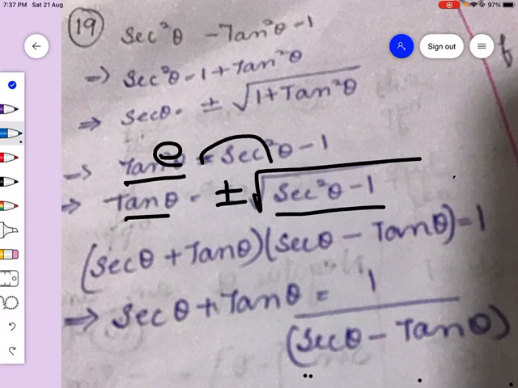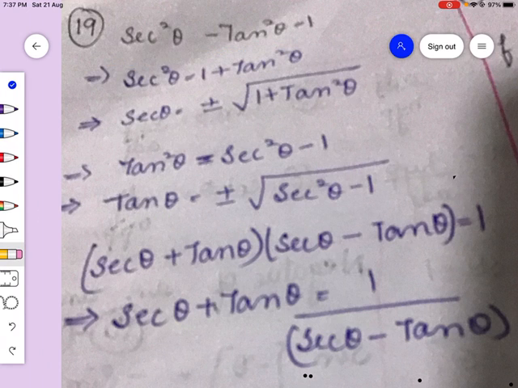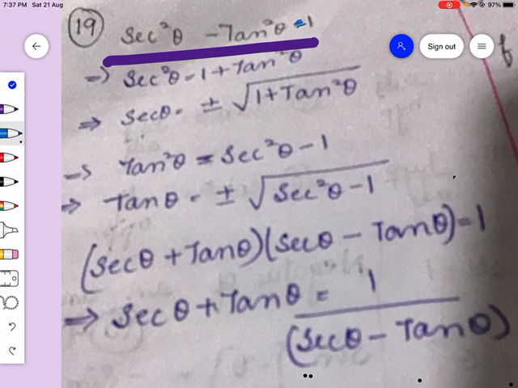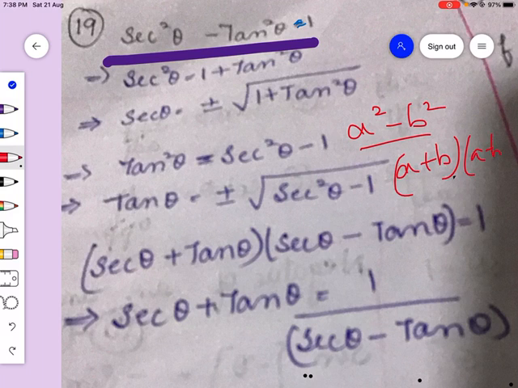Clear? This formula can be applied in one more way. Let me tell you. I know this picture is not that clear, but it's okay. Secant square theta minus tan square theta is equal to 1. Now, we have the formula a square minus b square, which is a plus b into a minus b, right?